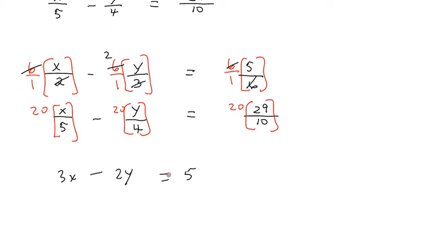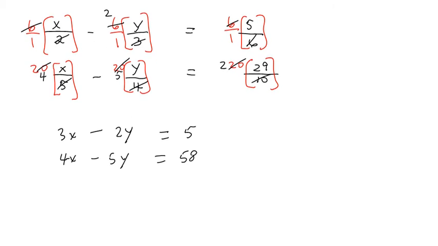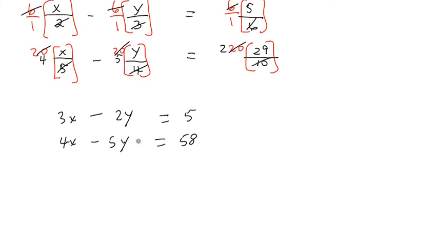In the next equation, 5 goes into 20 4 times, so I've got 4x. 4 goes into 20 5 times, so we got 5y. And here, 10 goes into 20 2 times, so we're left with 2 times 29, which would be 58. So now the system of equations looks like this. Without those fractions, it's much easier to deal with.